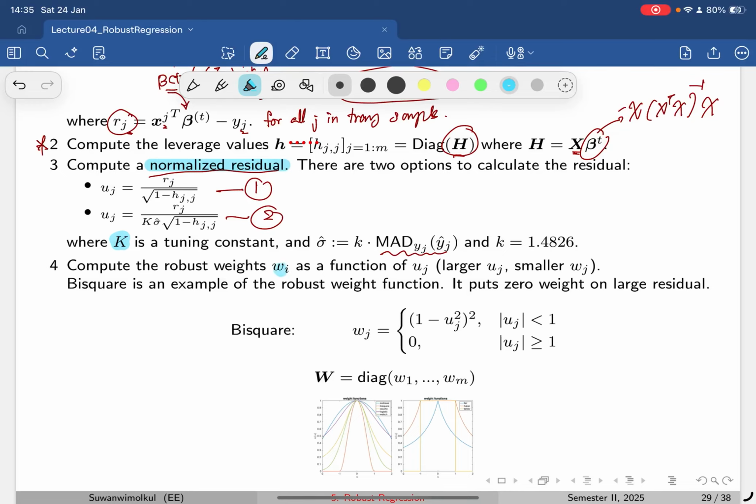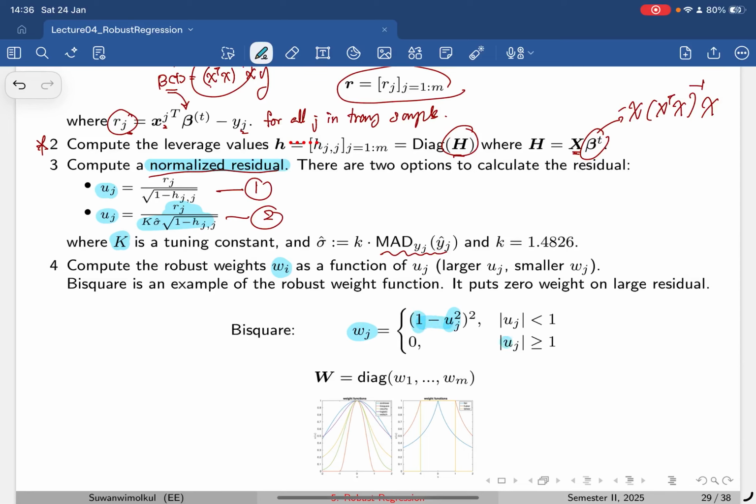After you have your normalized residual, we use that normalized residual to find a new weight. And how is that related to your weight? Once you normalize it, the value of your normalized residual shouldn't exceed 1, right? If that residual is high, then your weight will be low because you negate it by 1 minus, right?